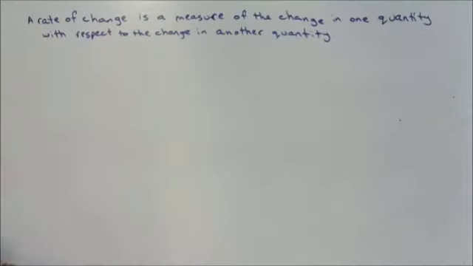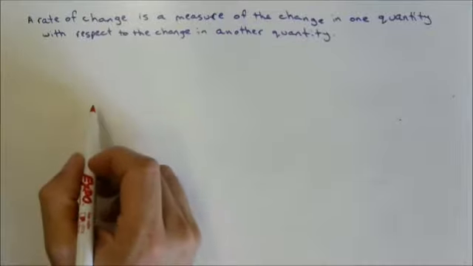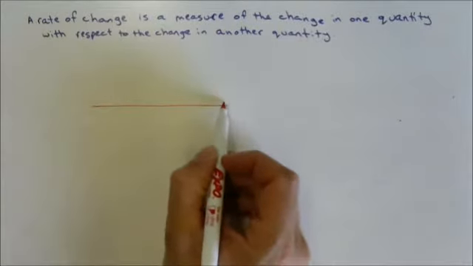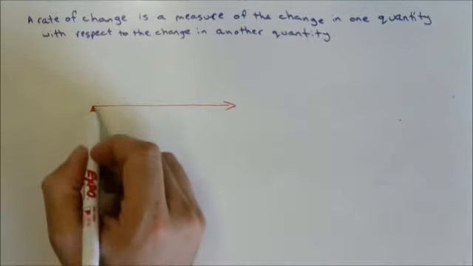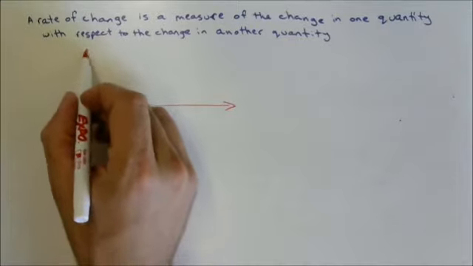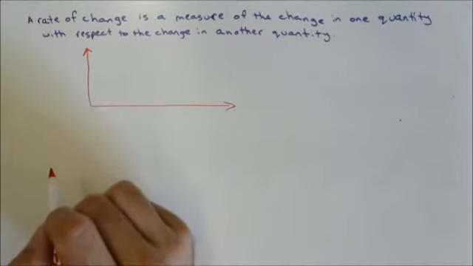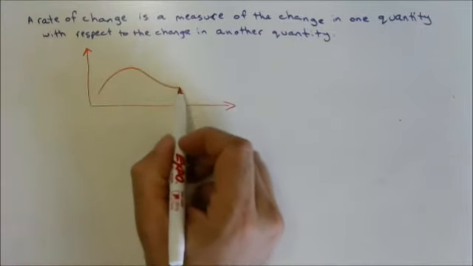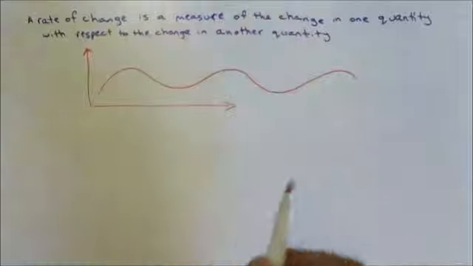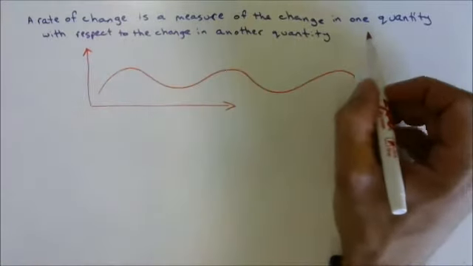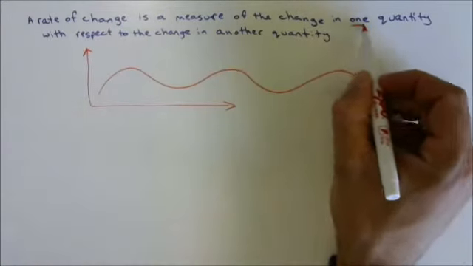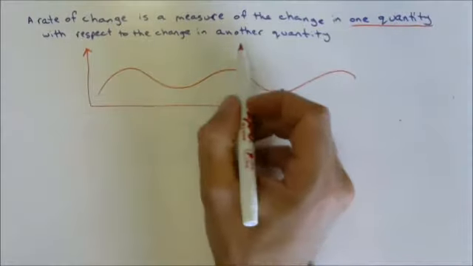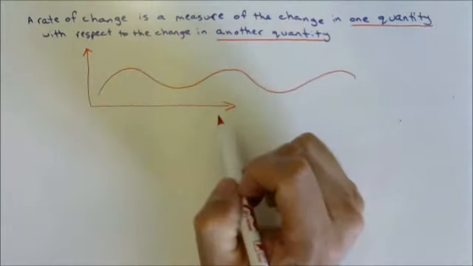Well, if we take one of our examples, as time goes on, the temperature goes up and down. So as time changes, the temperature will also change. That's all we're saying. And in this case, it would create some kind of curve. Now, the one quantity depends on the other quantity.